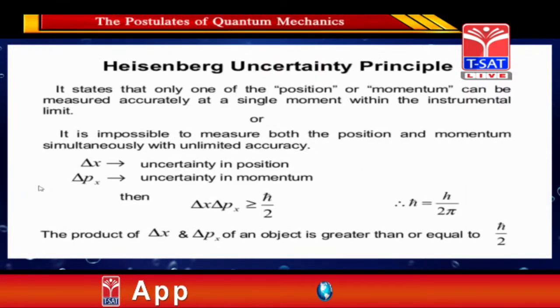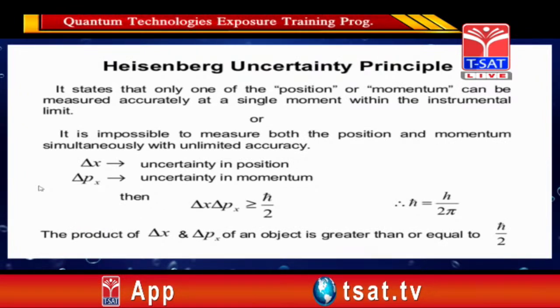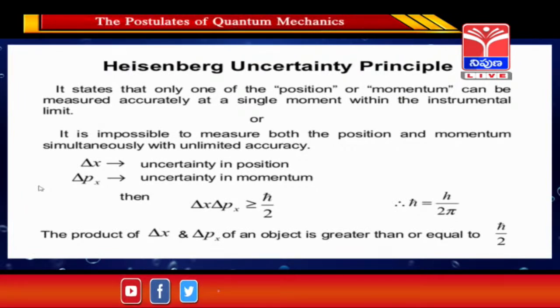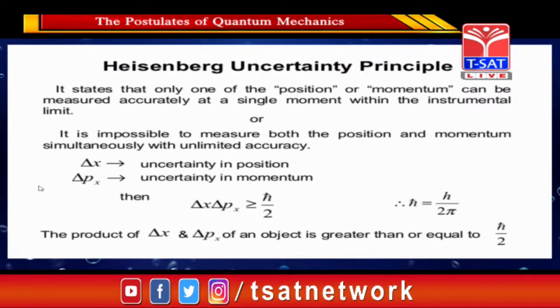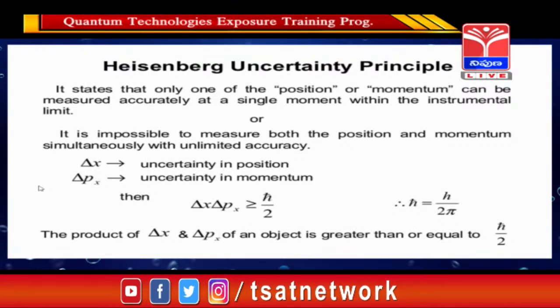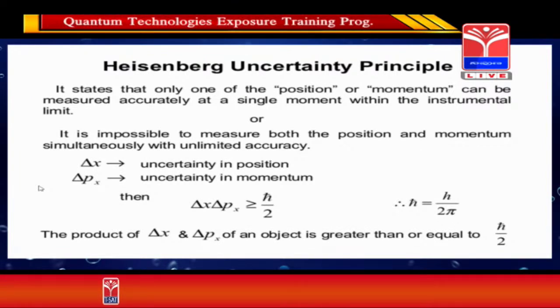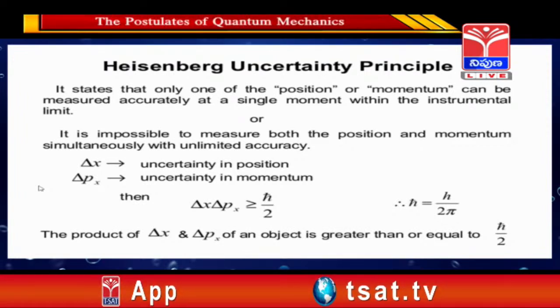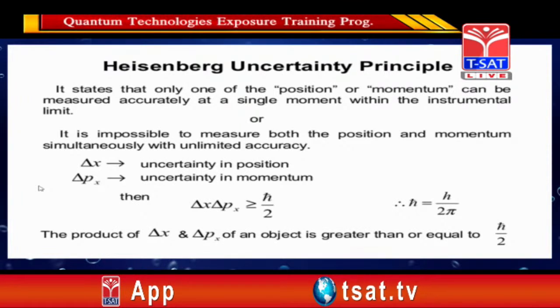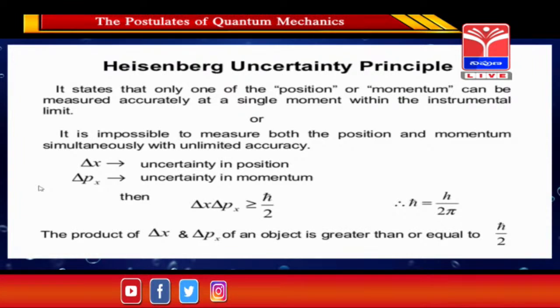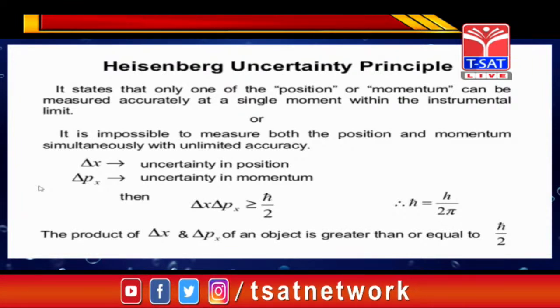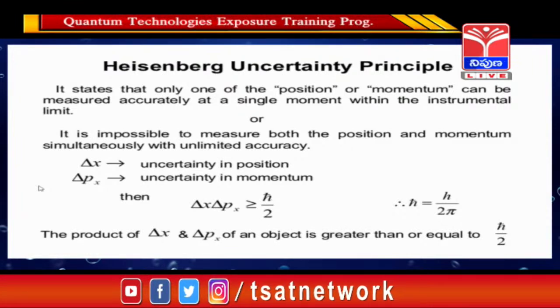So then another very important principle, which I was talking about the previous day, is Heisenberg's uncertainty principle. We'll talk about the technical aspect of it later. This is just an introduction. Heisenberg said that another curious property of quantum or subatomic particles is that position and momentum, the knowledge of which basically gives us the state of motion of a particle, cannot be known together.